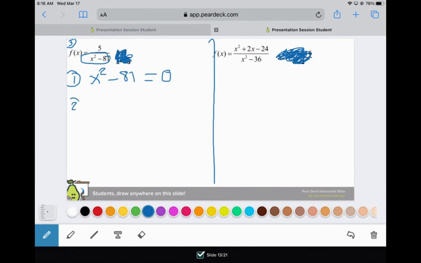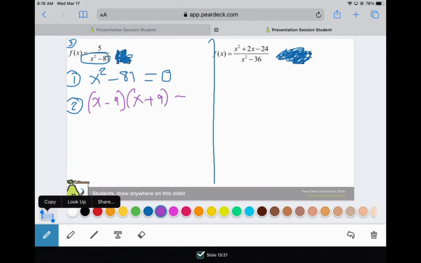Now step 2, I'm just going to solve this function. This is a special quadratic function, a difference of squares, so that would be x minus 9 and x plus 9. To solve, I set each factor equal to 0.